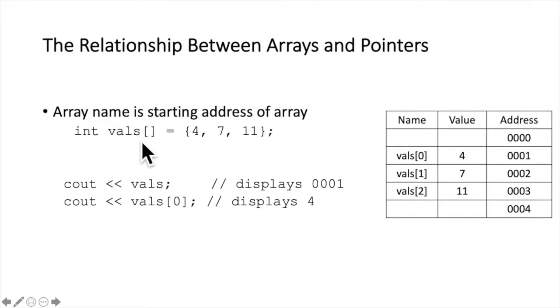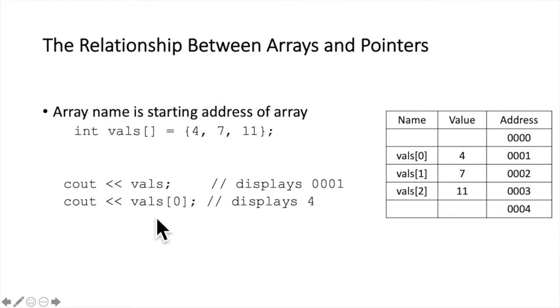Actually, when we declare or define an array, the array name refers to the starting address of the array. So if we just print the array name, vals for example, it will display the address of the first element.